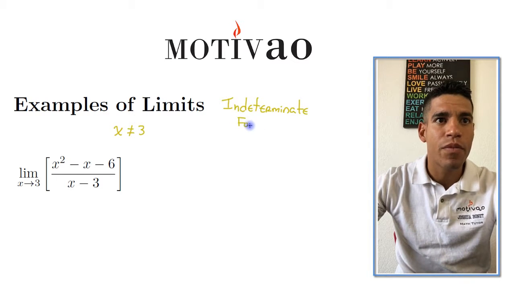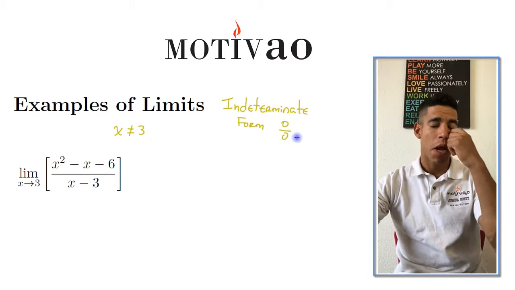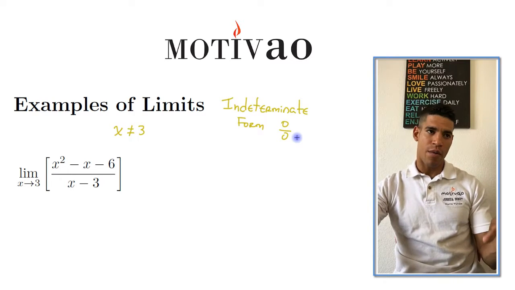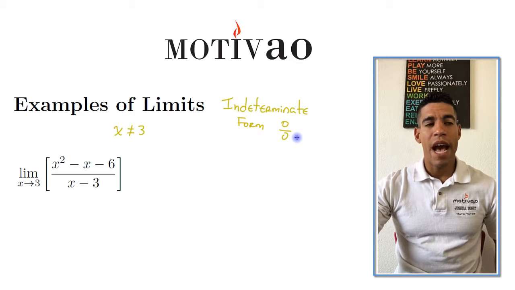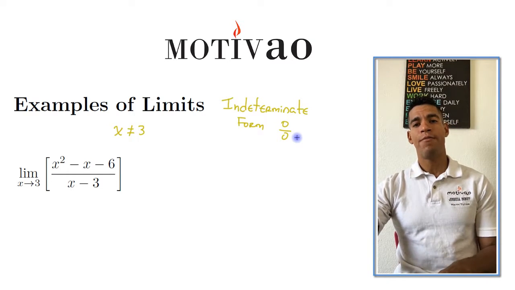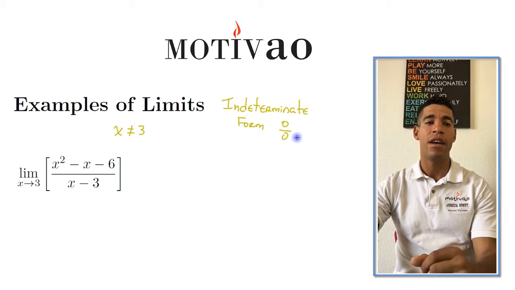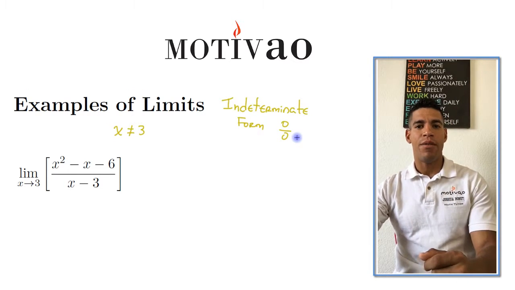Indeterminate form in this case is 0 over 0. Okay? There are other indeterminate forms, but we're just going to concentrate on the one that we're using right now, which is 0 over 0. Now, whenever you have 0 over 0, that means that you need to cancel a factor to eliminate that 0. Okay?